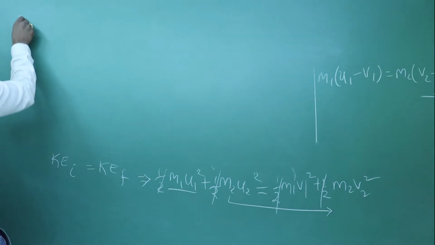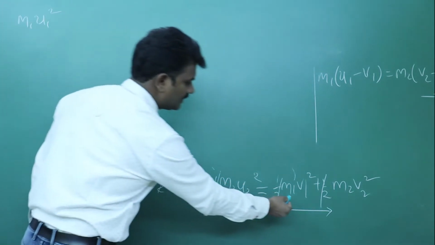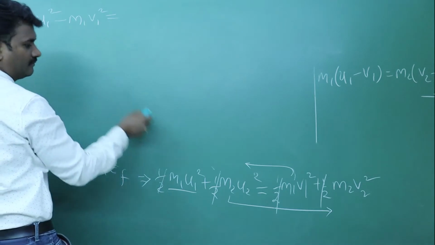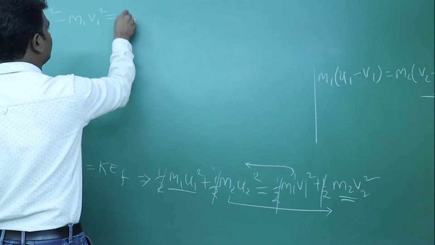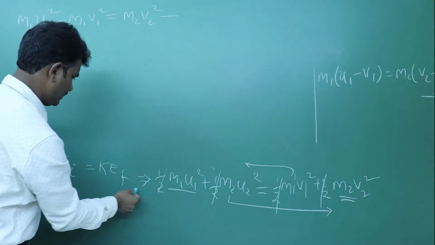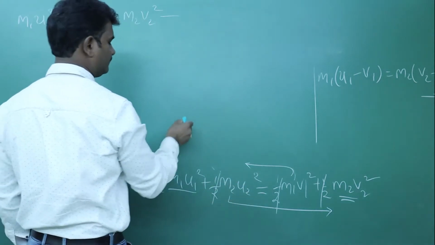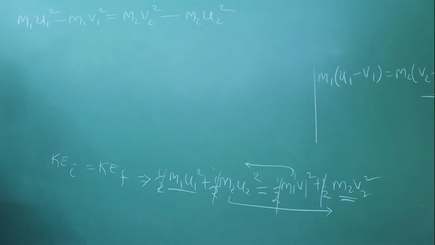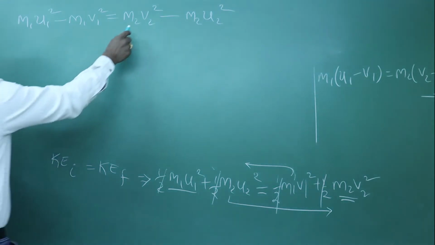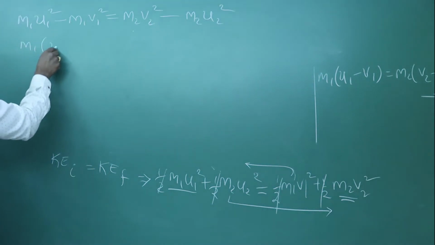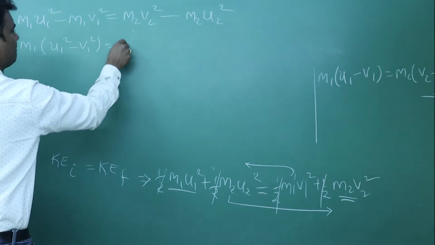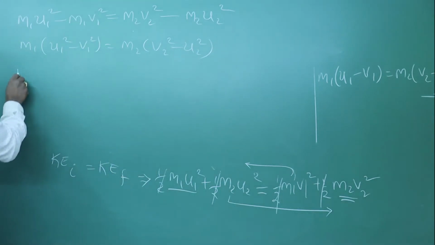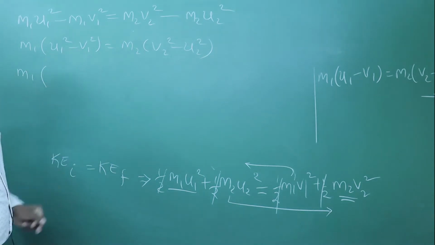m1 u1 square, this is towards left, and this is towards the right. Now I am going to take m1 as common here, m2 as common here. Is it like a square minus b square?